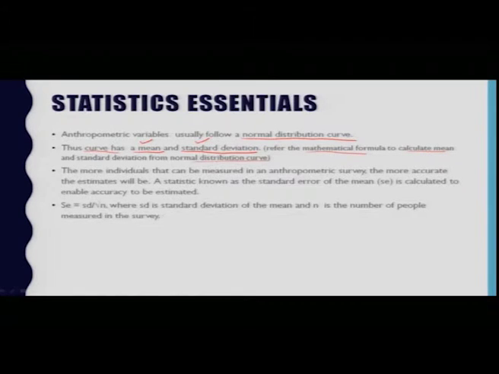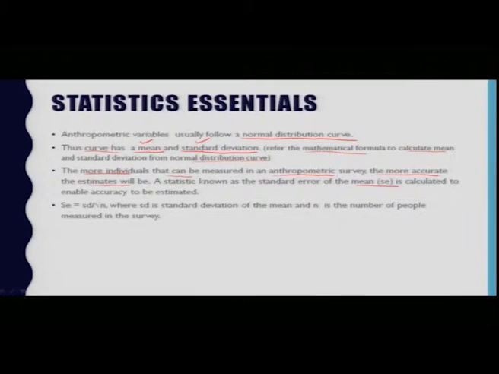I will discuss that, and the fact is, the more individuals that are measured in an anthropometric survey, the more accurate the estimates will be. A statistic known as the standard error of the mean, denoted SE in this lecture, is calculated to enable accuracy to be estimated.